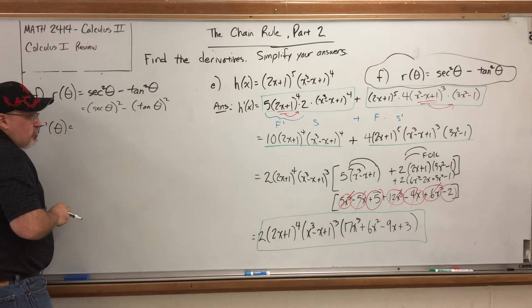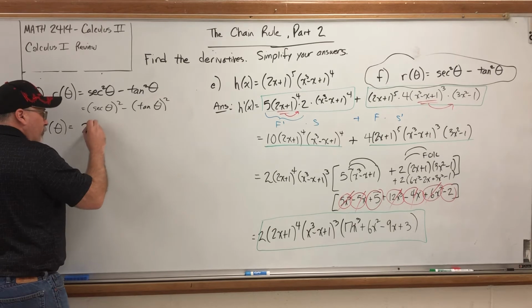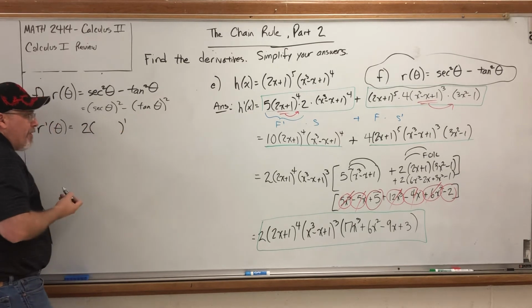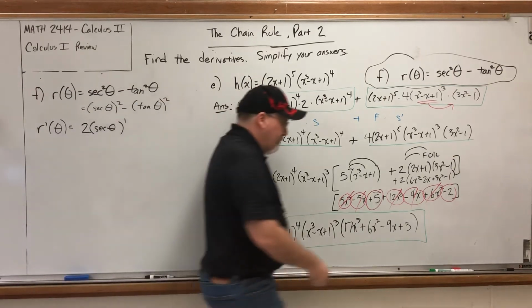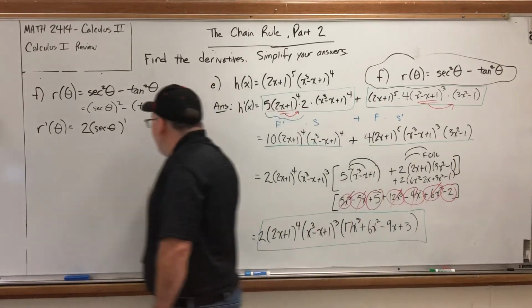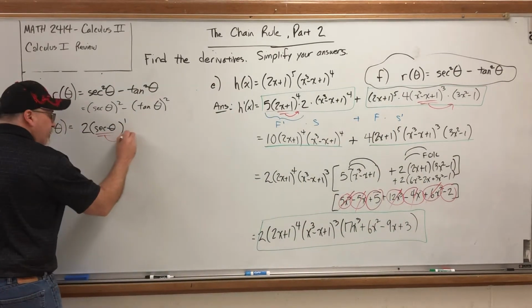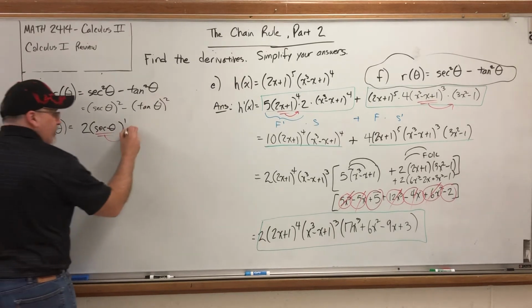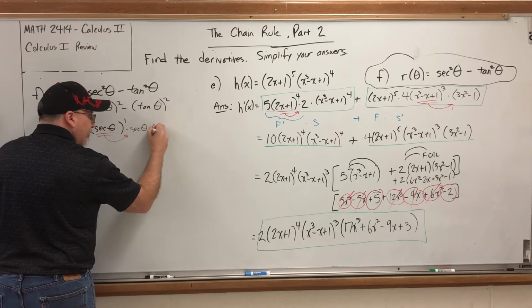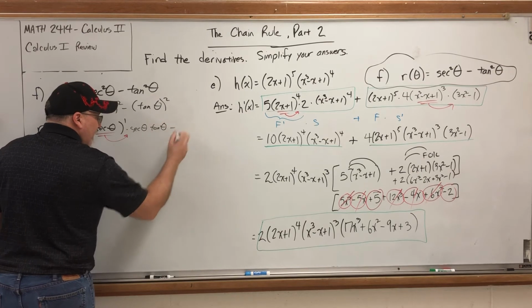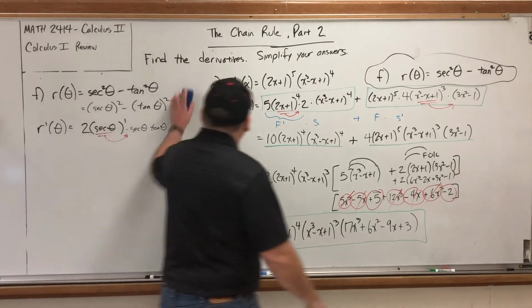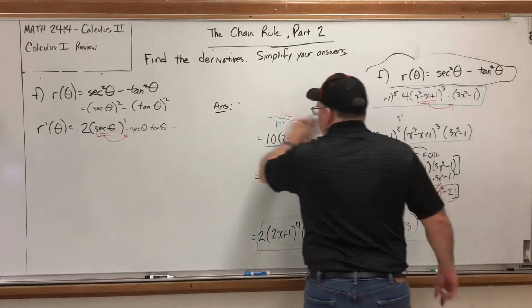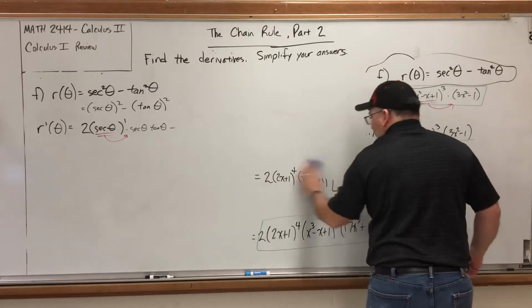For the secant squared, we do the power rule, so bring down the power and lower it by 1. Leave the inside alone, but then the chain rule jumps in and says, not so fast, you're not done. Times the derivative of the inside. The derivative of secant theta is secant theta tangent theta. Don't worry if you didn't write it down, you can always back the video up.